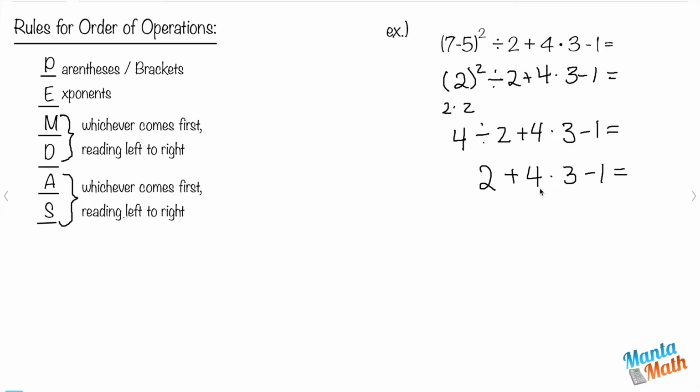So we say 2 plus 4 times 3 minus 1 equals, and since we have multiplication here, we rewrite the 2 plus, what is 4 times 3? That equals 12, minus 1 equals. Okay, next is either addition or subtraction. Addition shows up first, so 2 plus 12 is 14, minus 1 equals, and the next one is subtraction, 14 minus 1 is 13, and that is your answer.